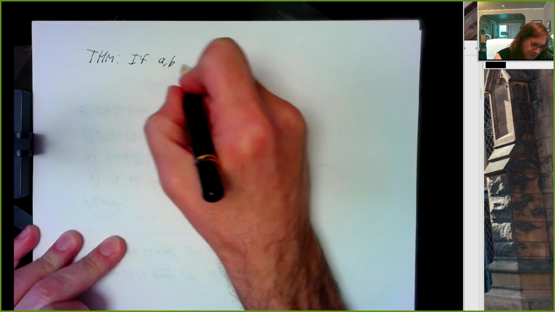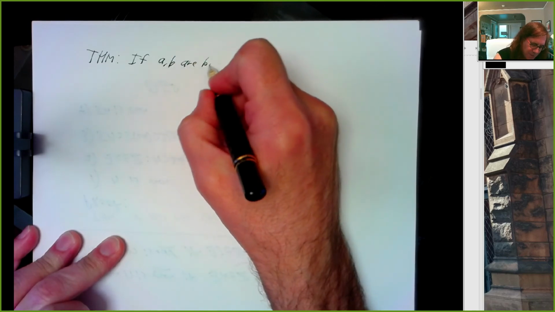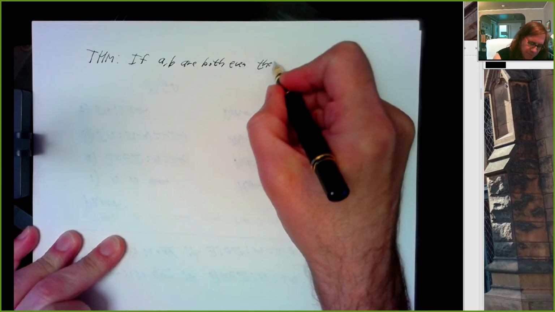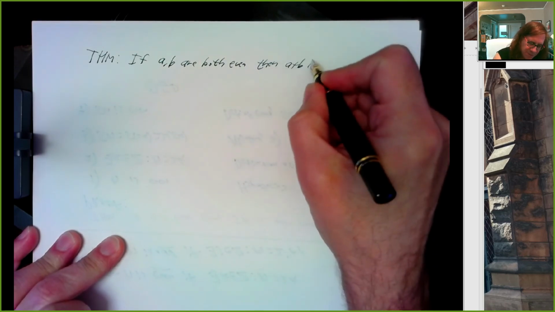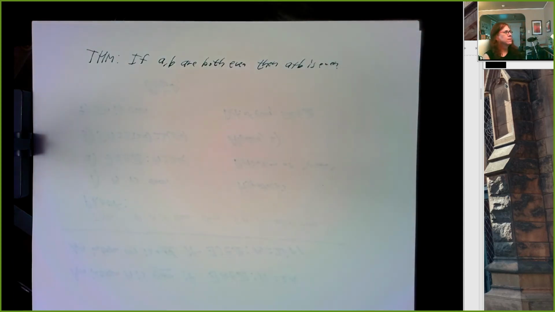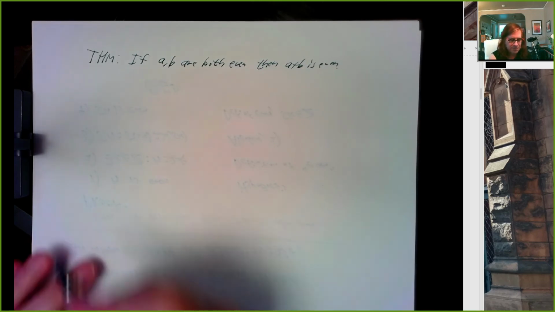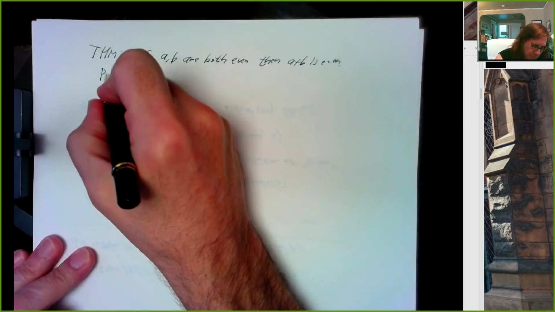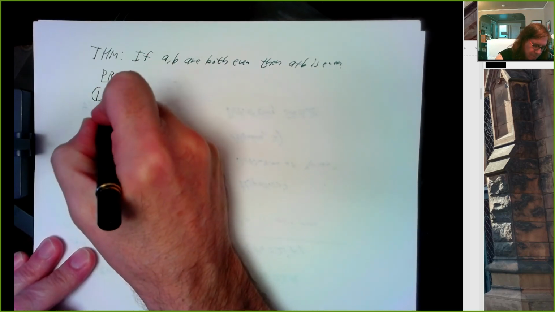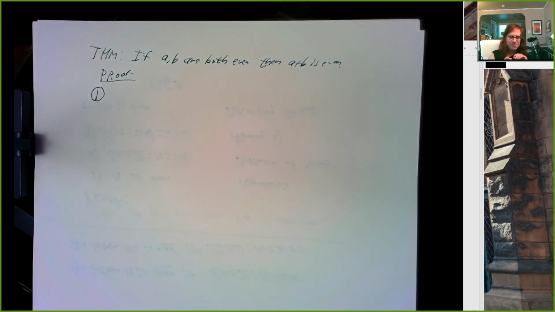If A and B are both even, then A plus B is even. All right, so what should we start with? What's a good first step for this proof?